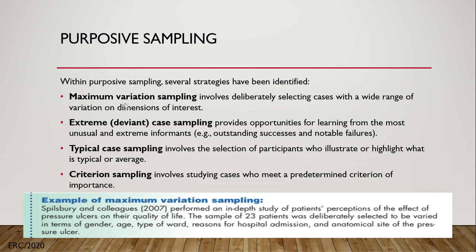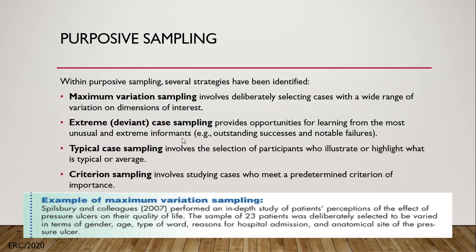Okay, within purposive sampling, several strategies have been identified. Number one, we have the maximum variation sampling, which involves deliberately selecting cases of a wide range of variations on dimensions of interest. Extreme case sampling provides opportunity for learning from the most unusual and extreme informants.